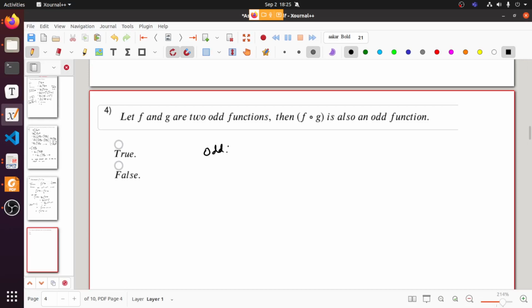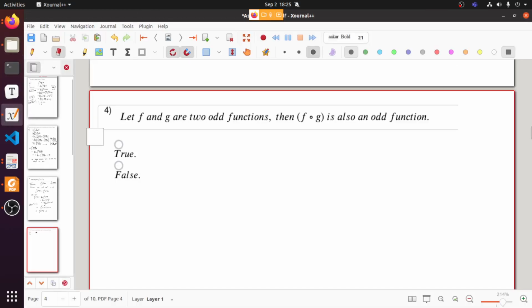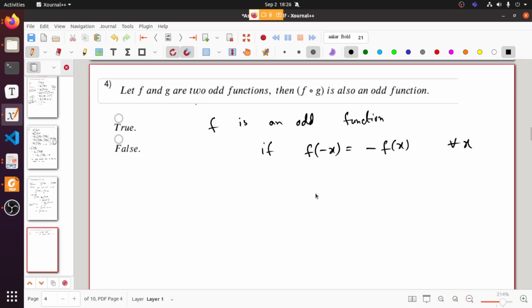We call f an odd function if f of minus x equals minus of f of x, for all x in the domain of f. So you have to check this.